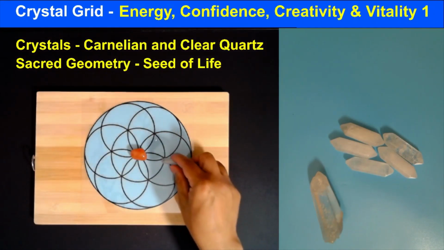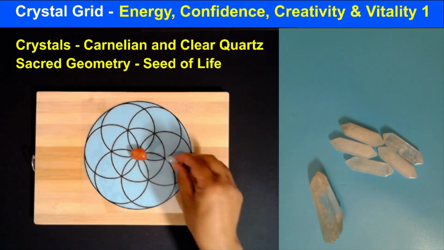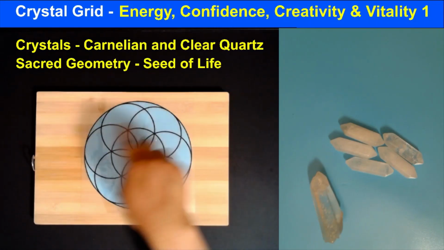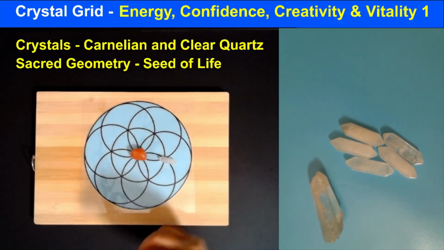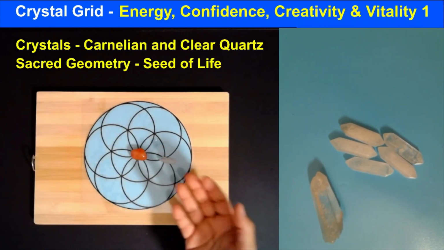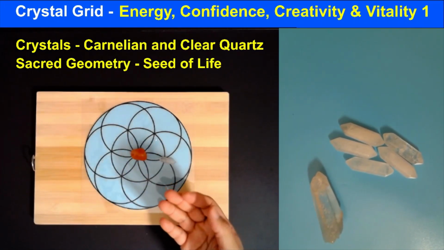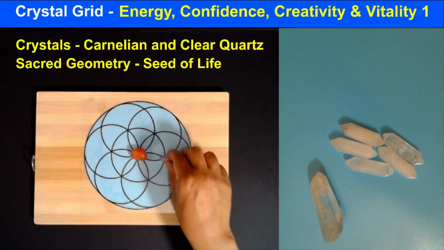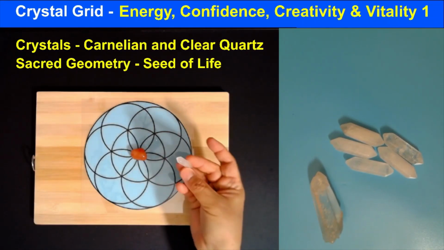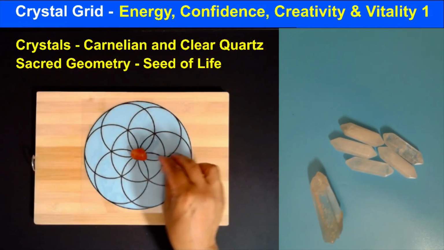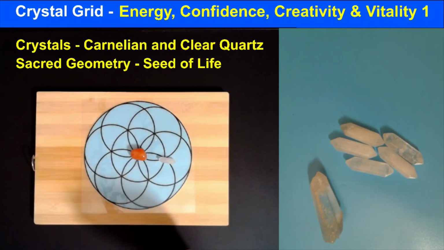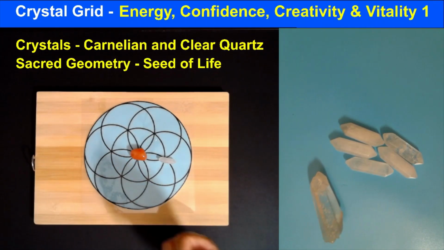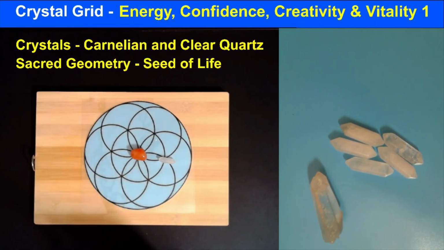So it is not only energizing the crystal, but also energizing the area where it is present. This is a very, very good stone to accompany the carnelian in creating our crystal grid for us to manifest energy, confidence, creativity, and vitality.